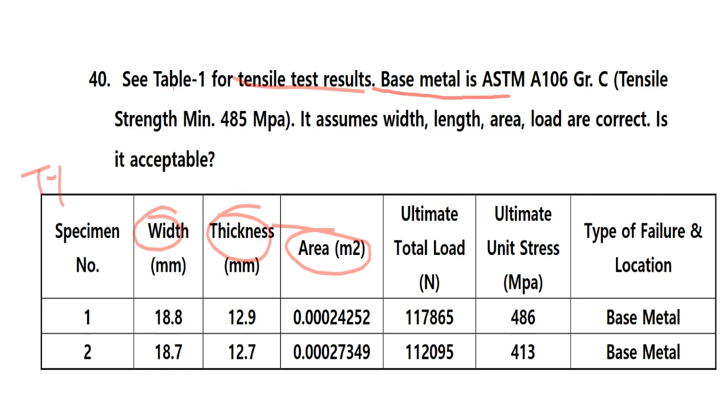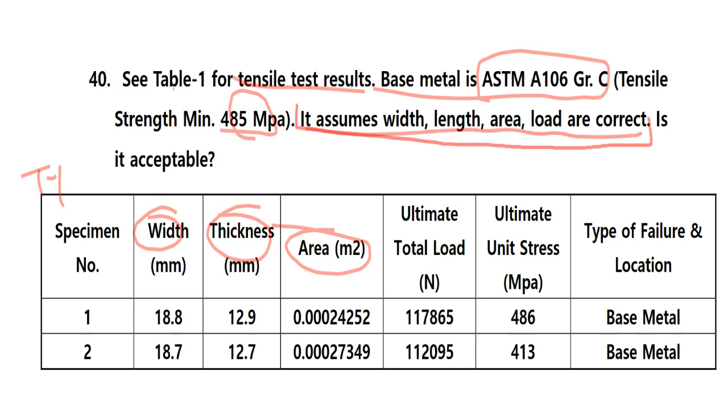Base metal is ASTM A106 grade C. Tensile strength minimum value is 485 MPa. It assumes width and length area loaded are correct. This condition, let's forget about this condition. Is it acceptable?